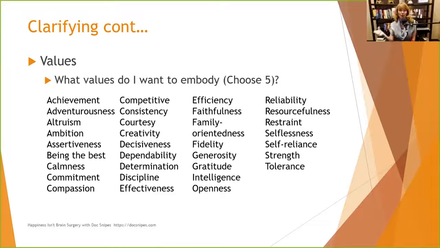People usually cross one out and then uncross it and change their mind. But it gets people to clarify in their own minds, what do I want to dedicate my energy to? Because then when something comes up, they can say, you know what? If family orientedness is one of my values, and this opportunity for my career comes up that's going to have me traveling 75% of the time, is that how I envision my relationship with my family?